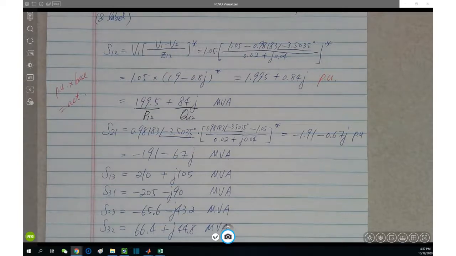How much different? A lot. I have negative 204 and a positive 209 MVA. I'm off by a lot. That's too much. Definitely wrong.